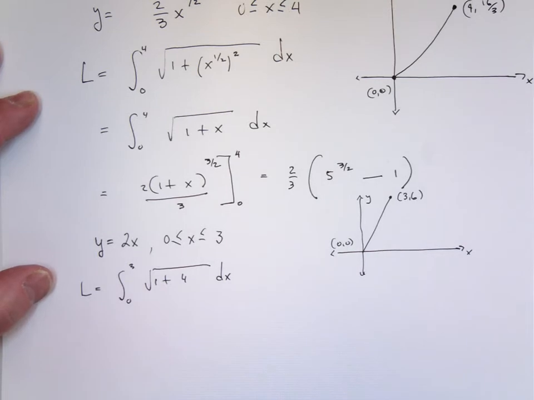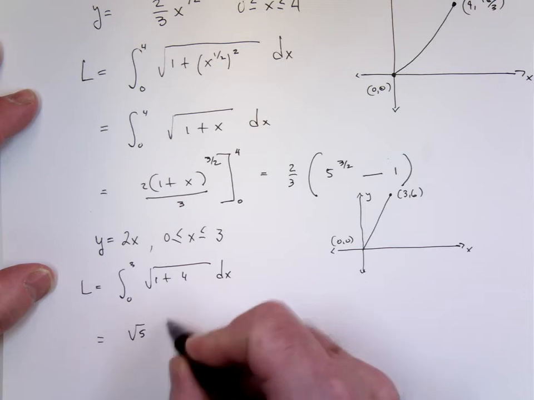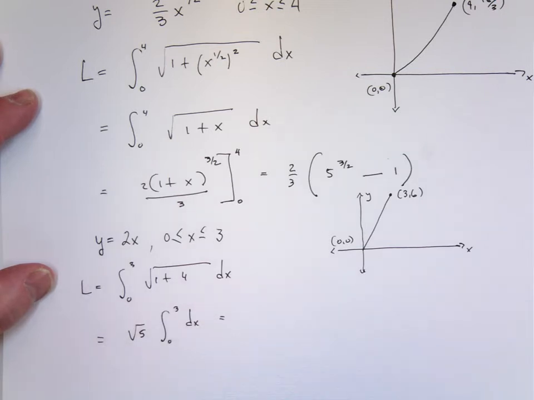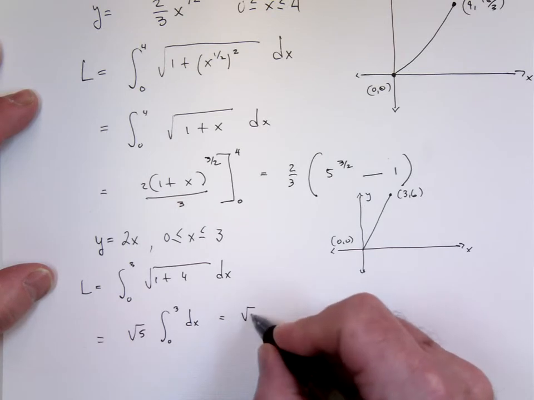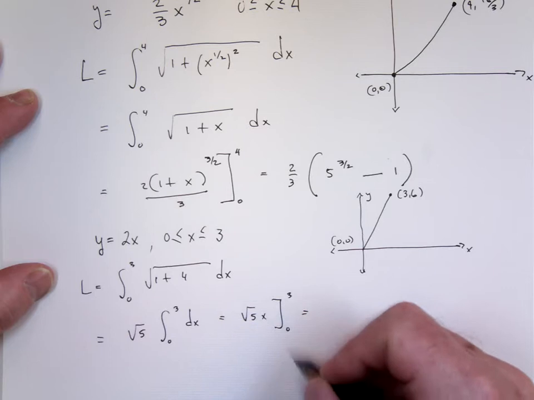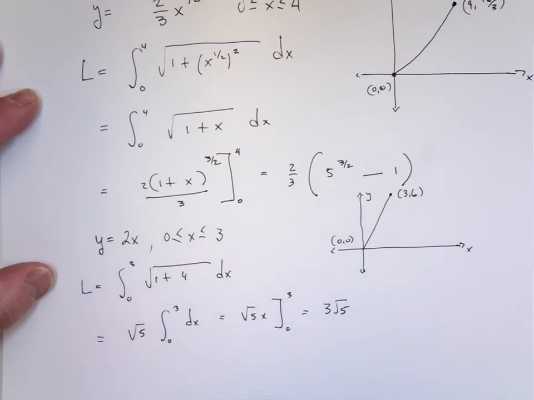That's equal to square root of 5, take it out front, integral from 0 to 3 of dx. Well, the integral of dx is x. Substitute in 3, substitute in 0 to get 3 square roots of 5.